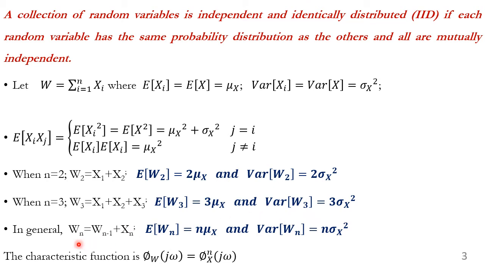In general, we can write this as Wn is equal to Wn minus 1 plus Xn. So expectation of Wn is equal to n mu x, and variance of Wn is equal to n sigma x square. The characteristic function phi w of j omega is equal to phi x of j omega to the power n.